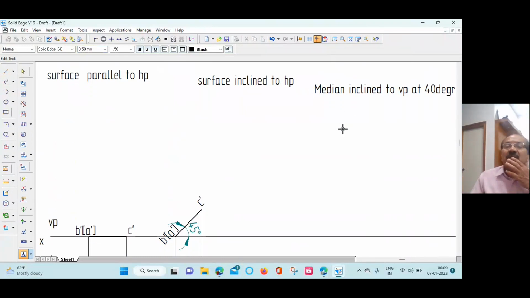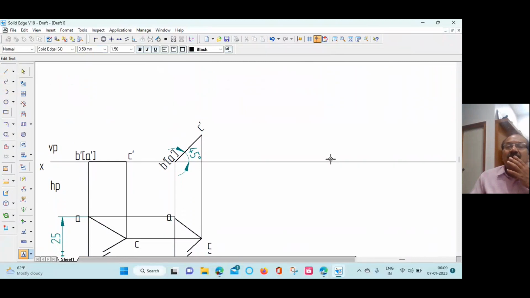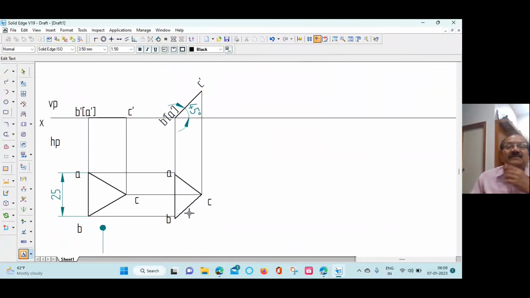Third position. Okay. So now what we'll do? Come here. So what is median? Median is a line joining the corner to the center of the opposite edge. This is the one. Let us call this D1, and let us call this D.